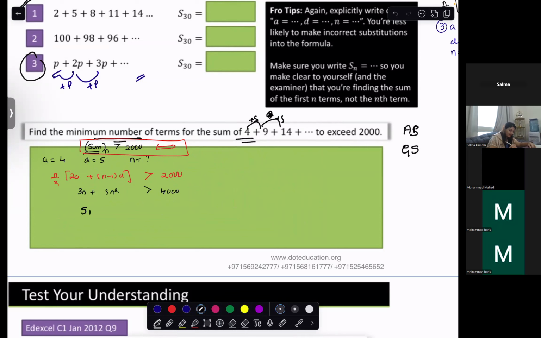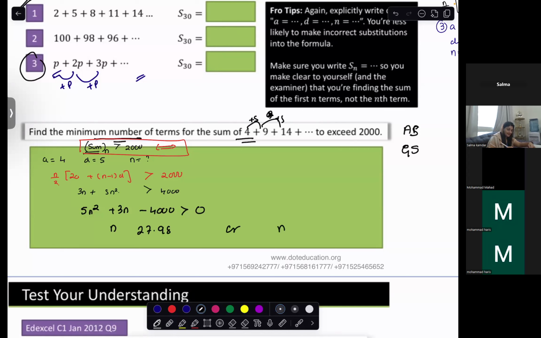So I have 5n square plus 3n minus 4000 greater than 0. I plug into the equation, so I would get my n is either 27.98 or minus 28.58.